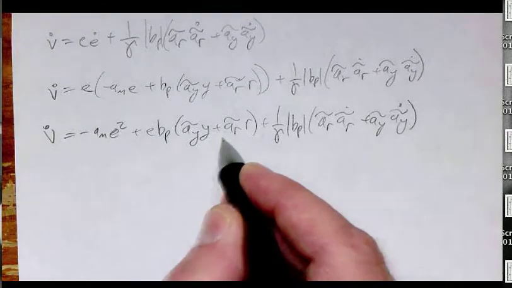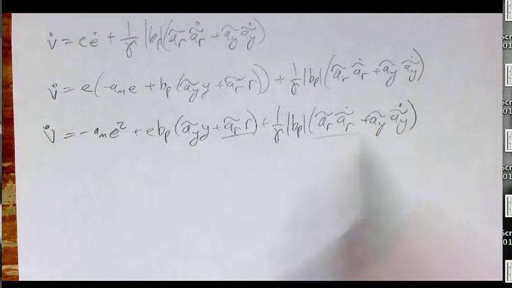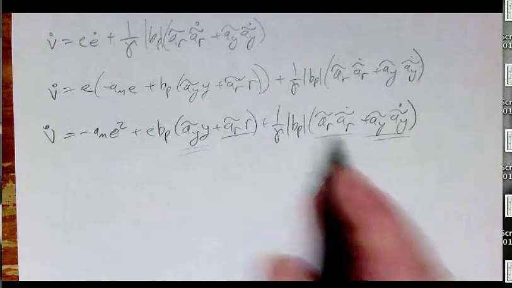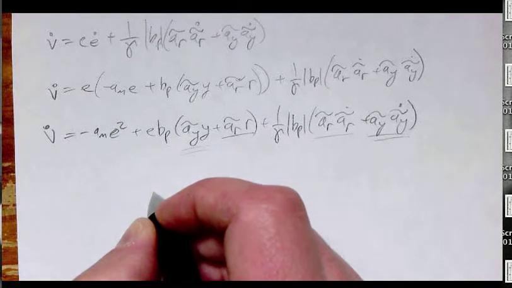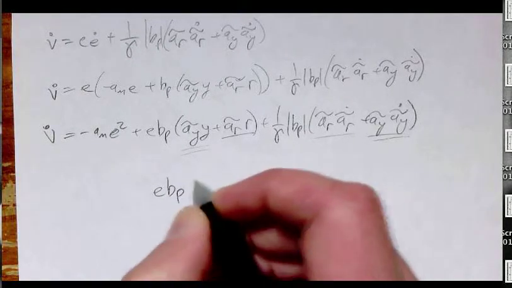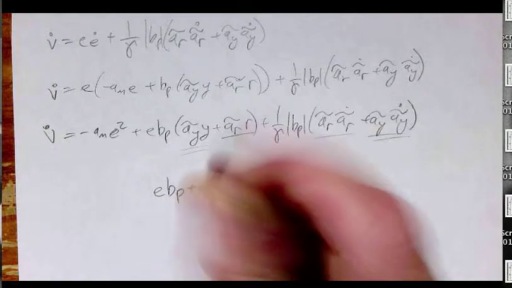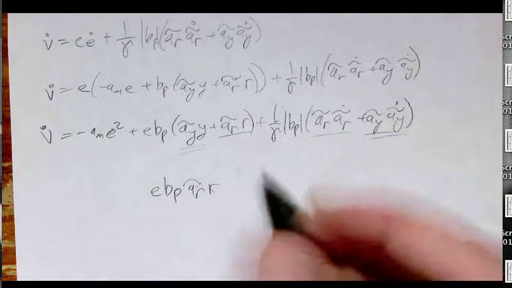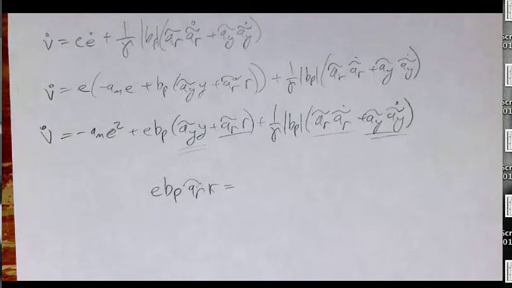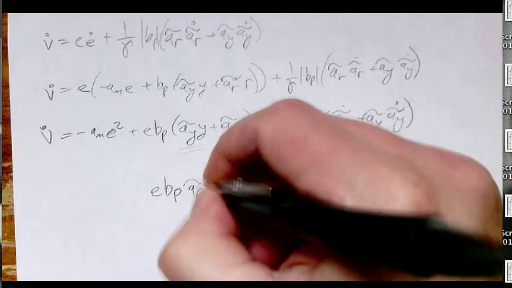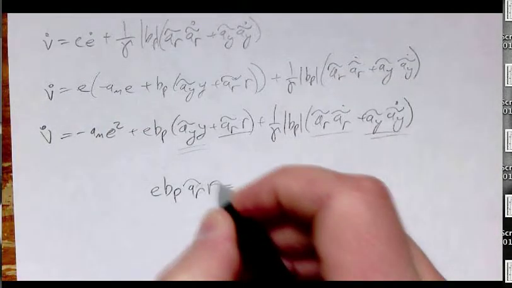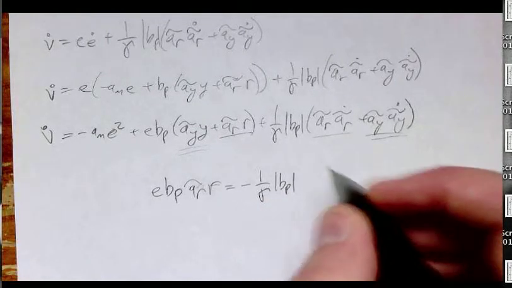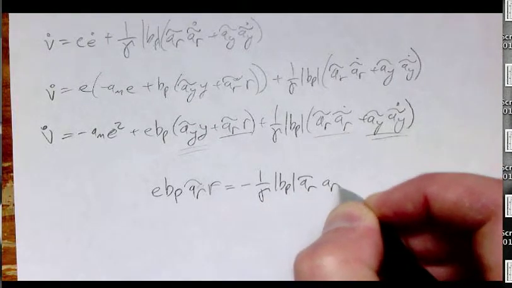So our best move would be to take those terms and somehow make them cancel. If we collect first the terms involving R, what we're saying is that E BP times AR tilde R would equal a negative 1 over gamma magnitude BP AR tilde dot.